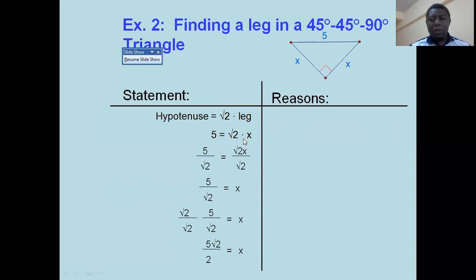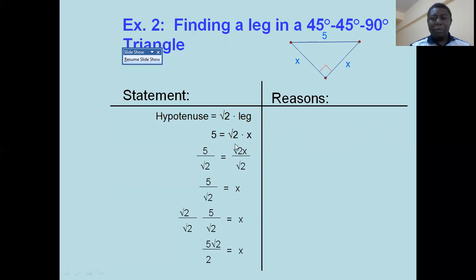Now, what do we do such that we can cancel out the square root of 2 from this side and leave x alone, because we are looking for the variable x? We can divide both sides by the square root of 2.